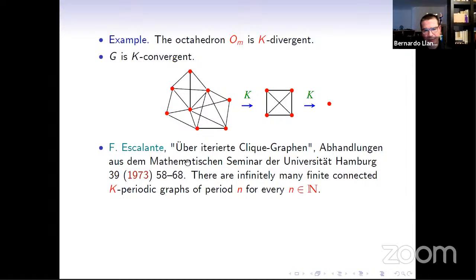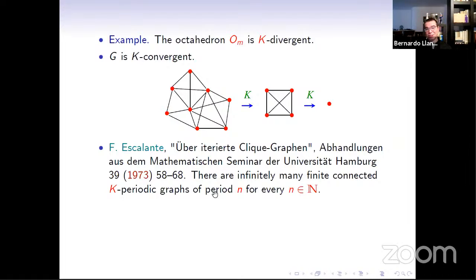This is the first one. And he could prove that there are infinitely many finite connected K-periodic graphs of period n. For the clique graph, you can find K-periodic graphs.